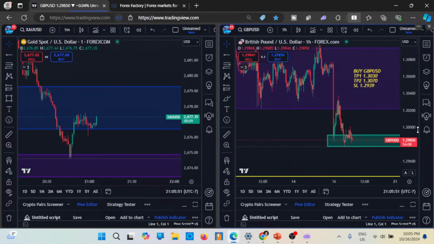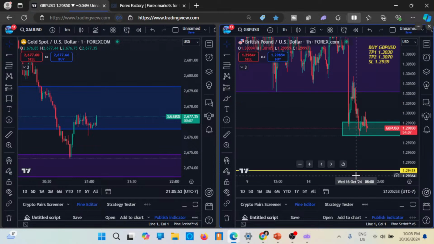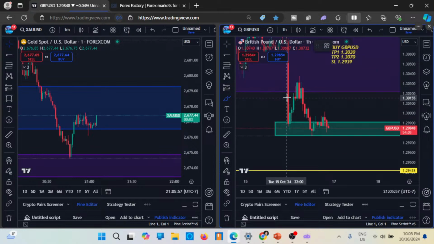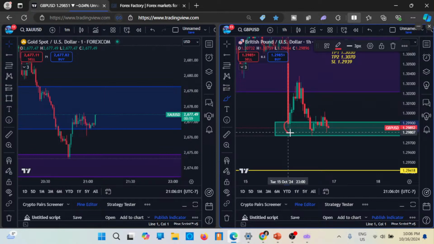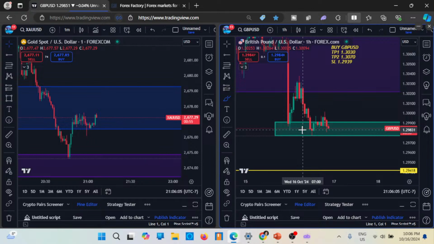Right now, we can see after the price broke this support here, it stopped down here at 1.2983, and then it used that to go back up.